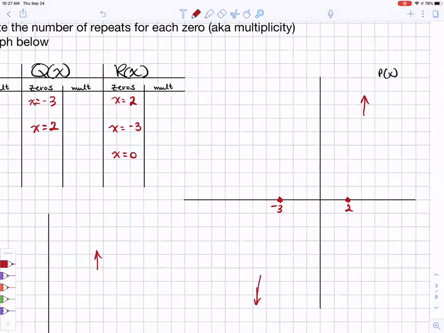Now, when I start coming up to that first 0, am I going to go right through it, or am I going to bounce off of it? I'm supposed to go through that 0 according to what's on your screen, right? I'm going through it.